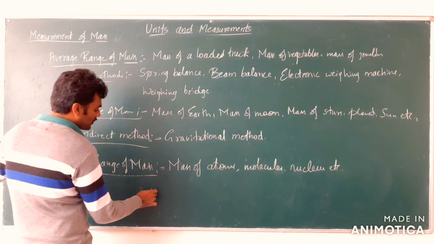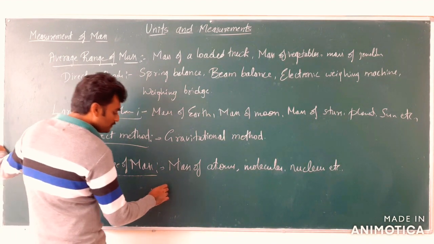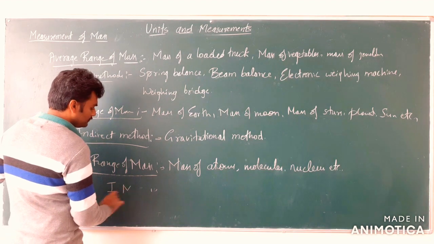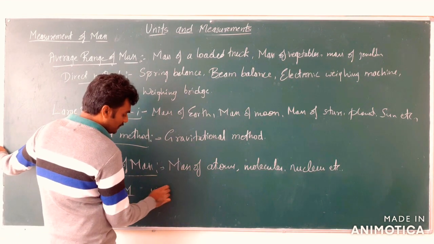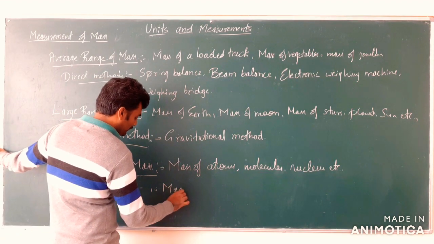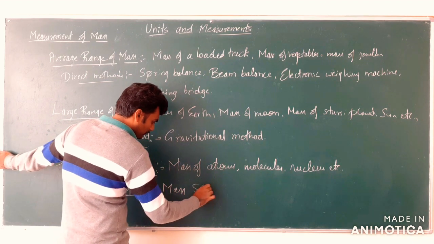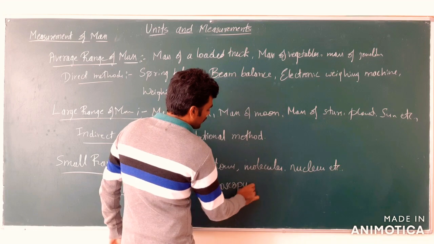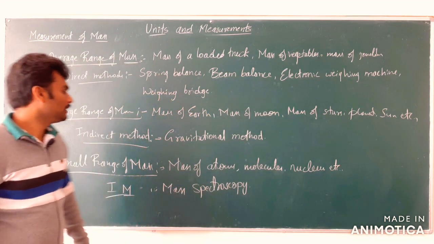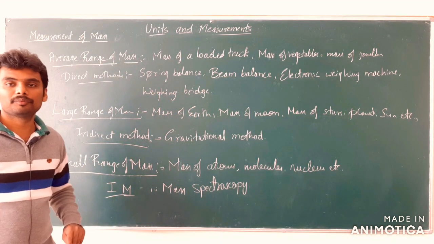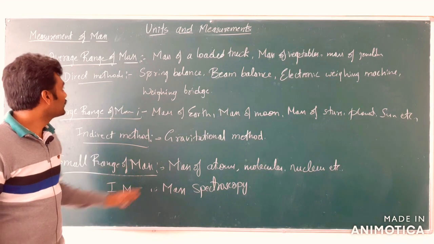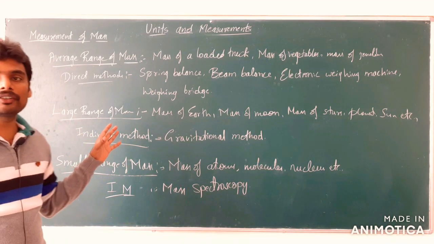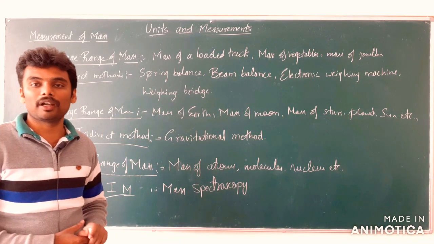Again, they are measured using an indirect method, which is mass spectroscopy. Mass spectroscopy is the method that we make use of to measure small range of masses. So this is about the different measurements of different ranges of mass.